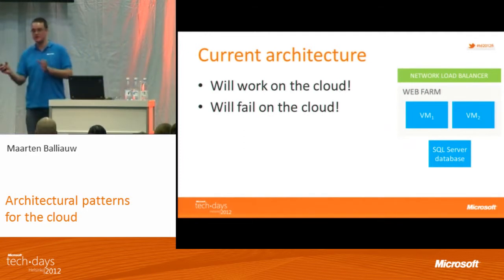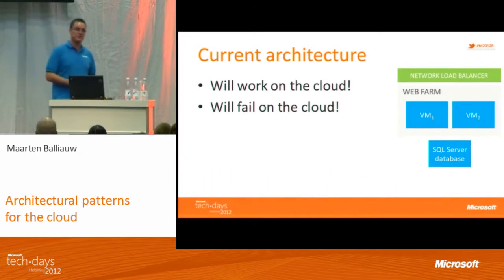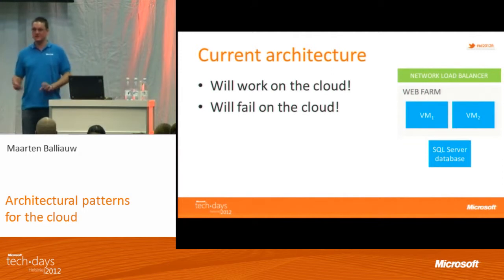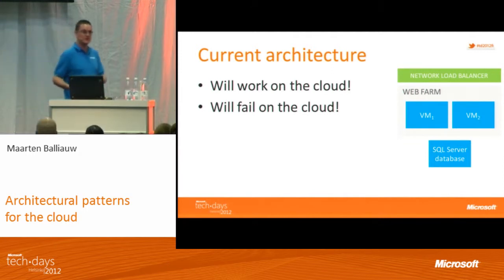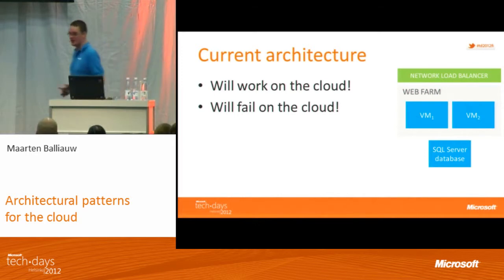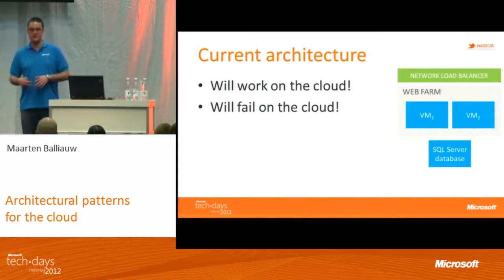You can just create some VMs there, use the load balancer of Windows Azure, and host your database on SQL Azure. It will work perfectly, but it may fail. It may fail big. The reason for that is there are a lot of single points of failure. There's a lot of stuff about the differences between your local data center and Windows Azure that you should think about to make this thing fault resilient, built for scale, built for failure, and things like that. So we're going to look into that.